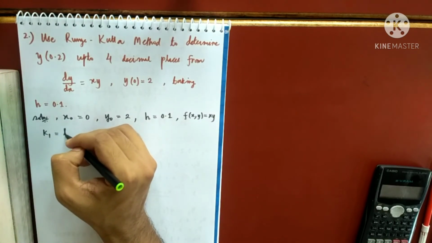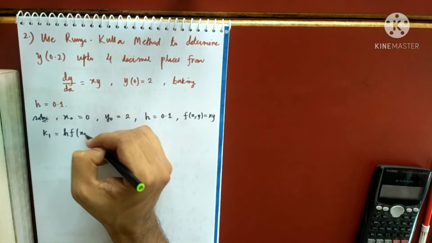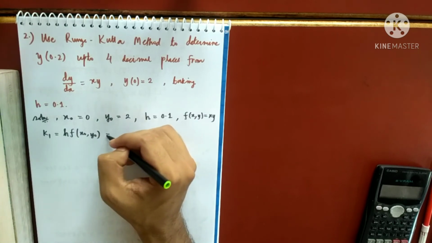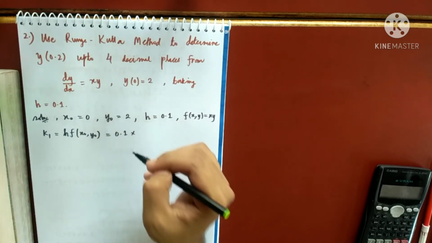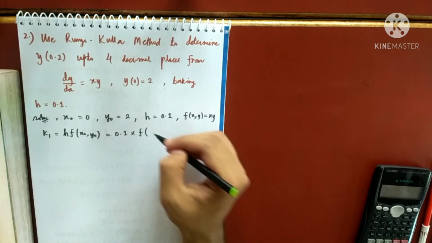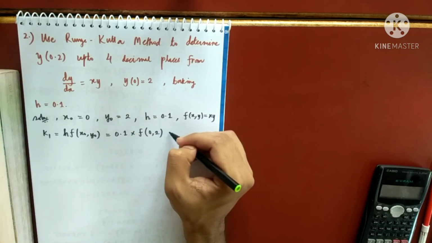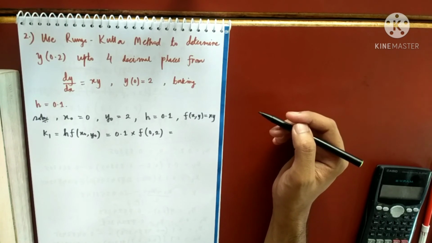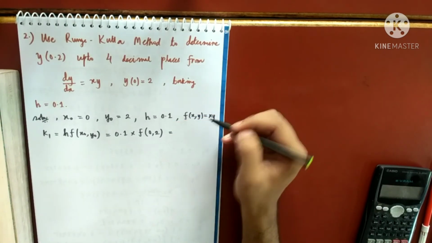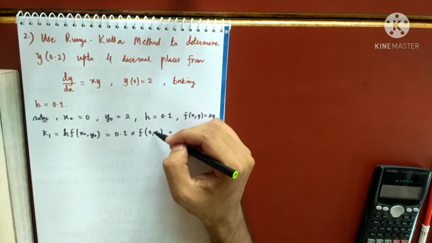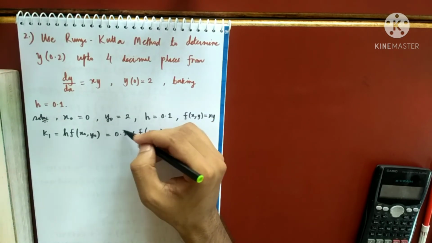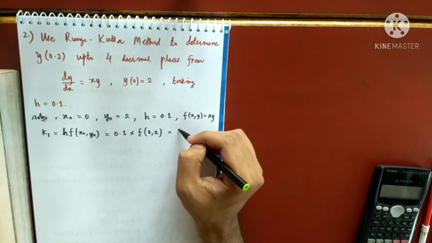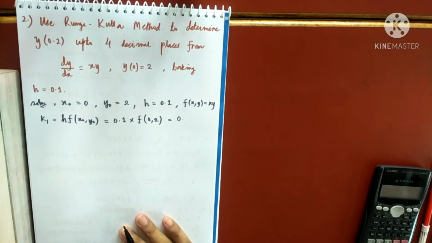So k1 is h into f of x naught comma y naught, which is 0.1 into f of 0 comma 2, and the function here is x into y. So 0 into 2 is 0. So k1 is 0 this time.